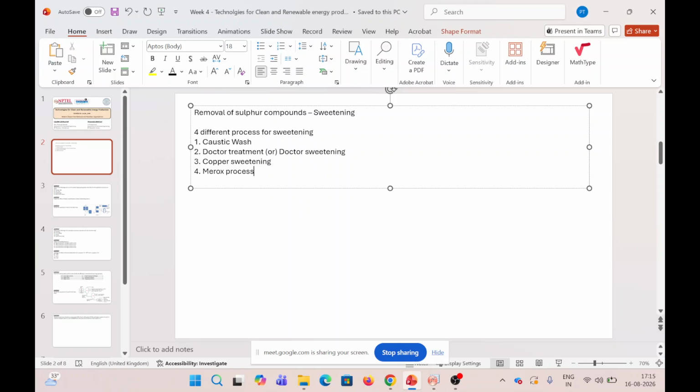So in case of caustic wash, what you do is you basically try to extract the sulfur compounds using a base. That will be either sodium hydroxide NaOH or potassium hydroxide KOH. So in case of caustic wash, you use sodium hydroxide or potassium hydroxide, and then you make them react with the petroleum fractions.